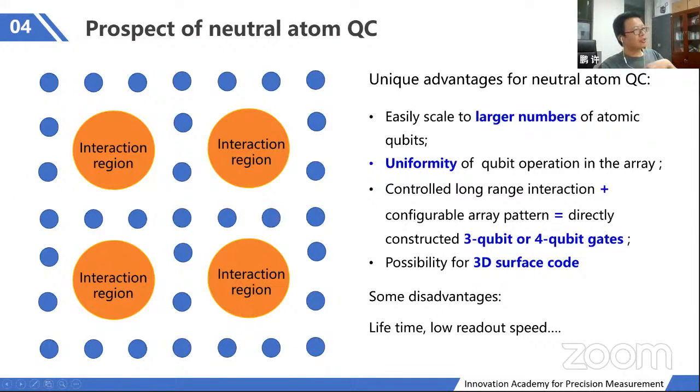And in the later stage, we will try to find some unique advantages for neutral atom quantum systems, like larger numbers of atomic qubits, uniformity of the qubit operations, and also to demonstrate some multi-qubit gates.